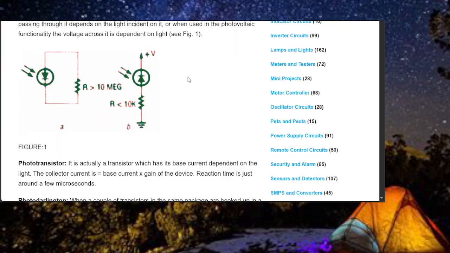Understanding the parameters: a photosensitive diode with a reaction time of a couple of nanoseconds. It could be employed in the photoconductive mode, in which the amount of current passing through it depends on the incident light on it, or when used in the photovoltaic functionality, the voltage across it is dependent on light.